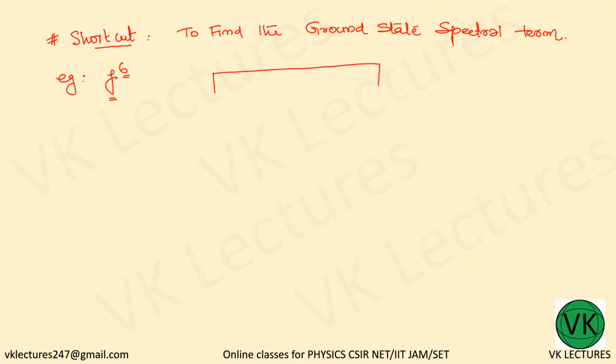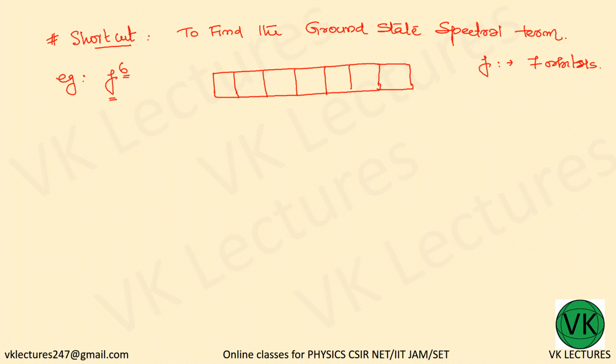So this is how you can draw the F orbital or the state, 1 2 3 4 and more. For F there are 7 orbitals, and in each orbital we can have 2 electrons present.